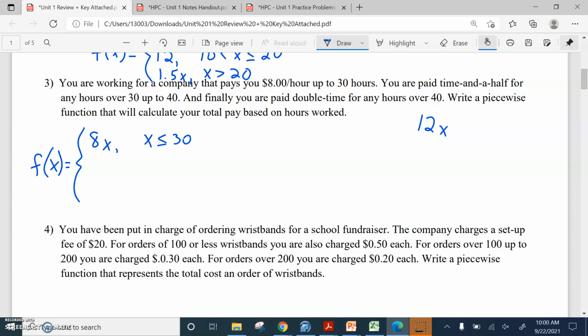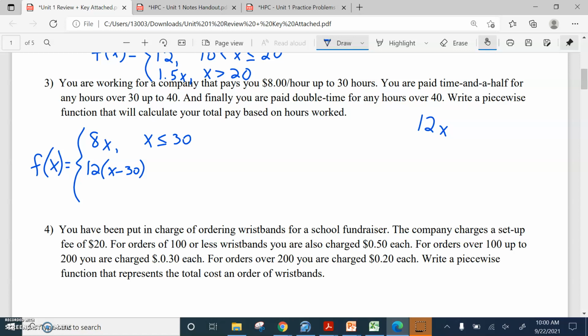So instead what we write is $12 an hour times the number of hours after 30. So we take X minus 30, because that is how many hours at $12 an hour we would make.